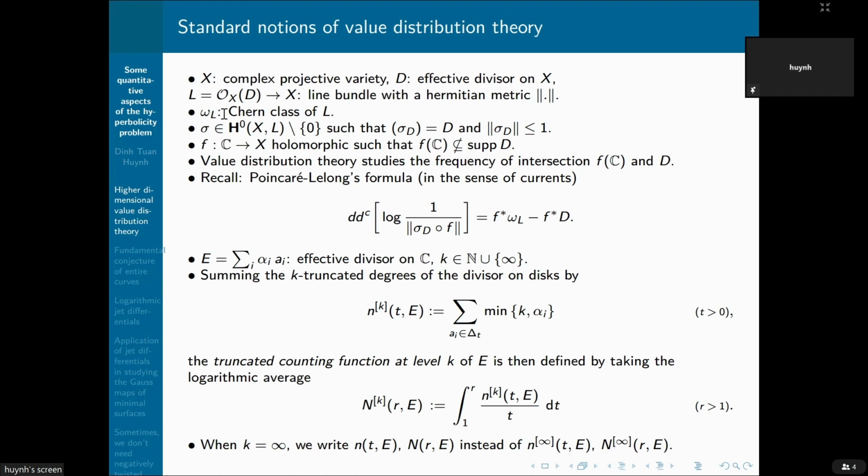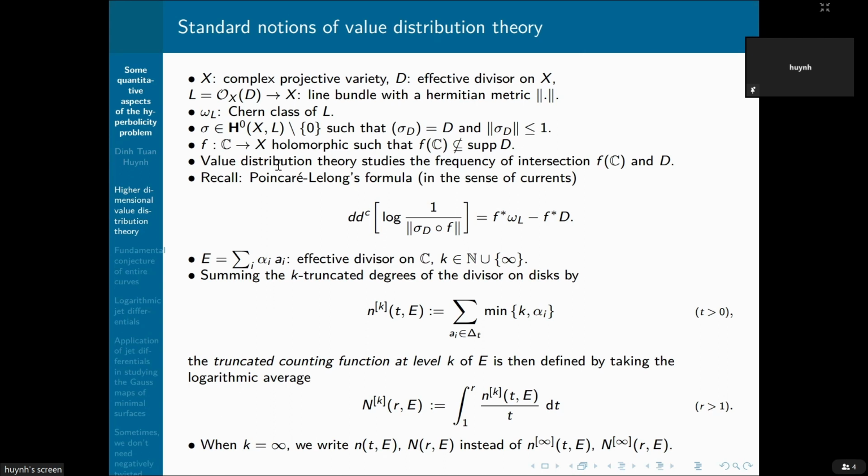We fix a global section sigma of L corresponding to D, normalized so that its norm is less than or equal to 1. Suppose now you have a holomorphic curve f whose image is not totally contained in the support of D. Value distribution theory studies the frequency of intersection of the curve f and D.